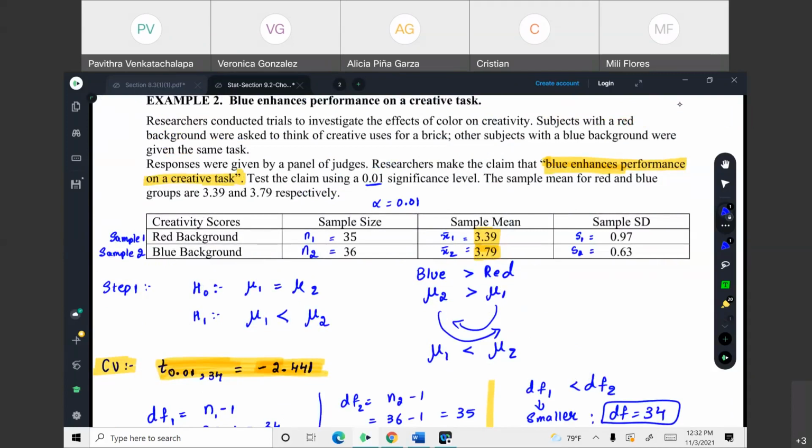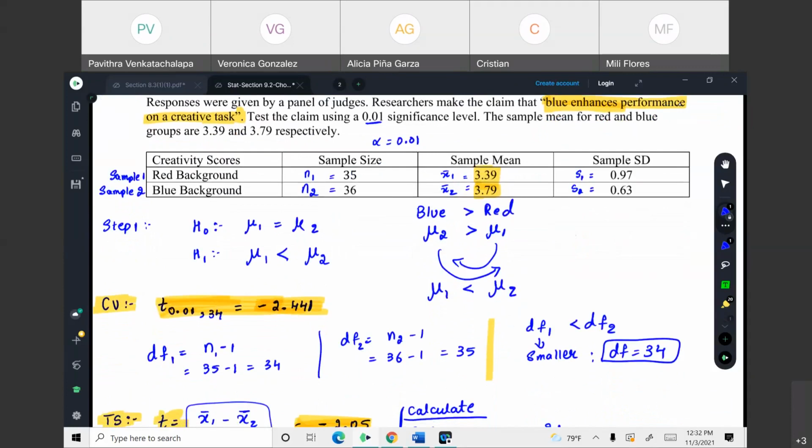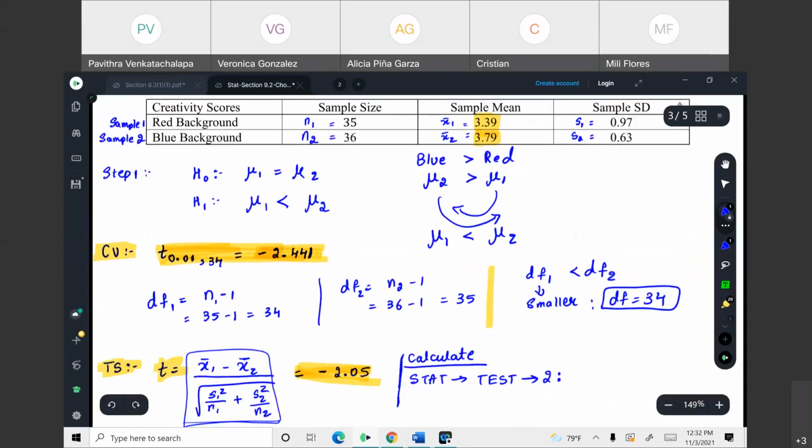You have to input two mean values and two standard deviation values and also n1 and n2.